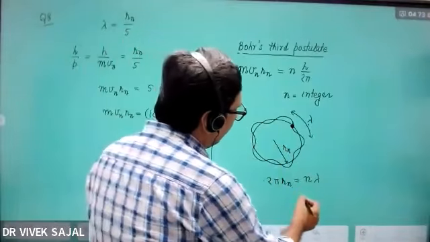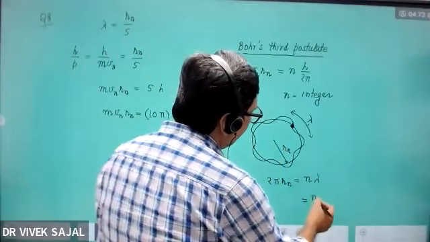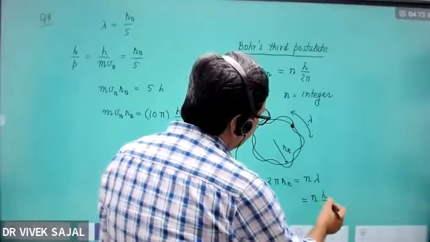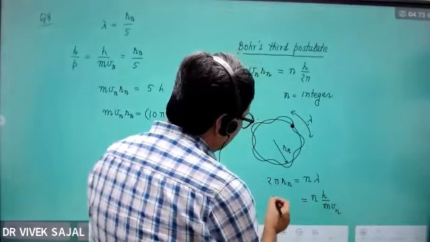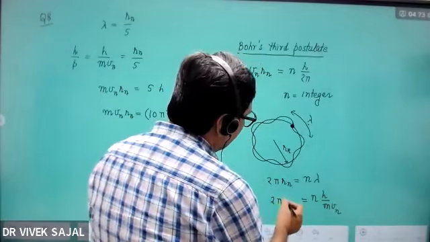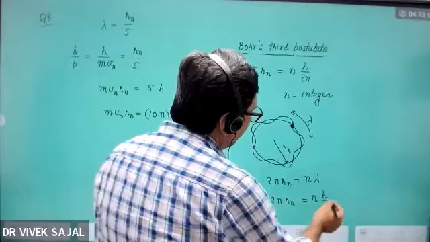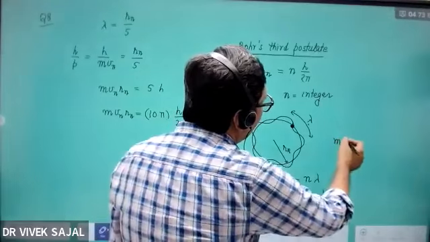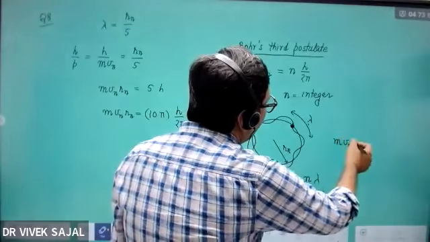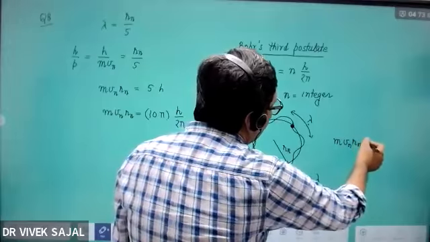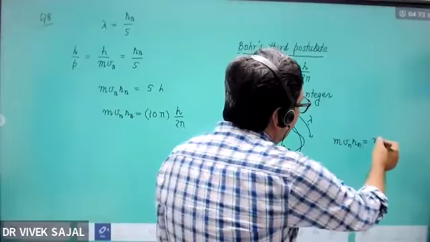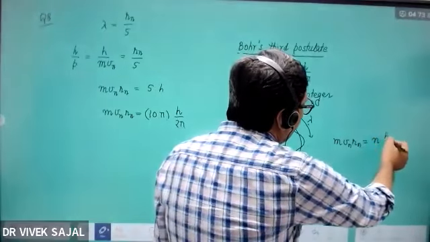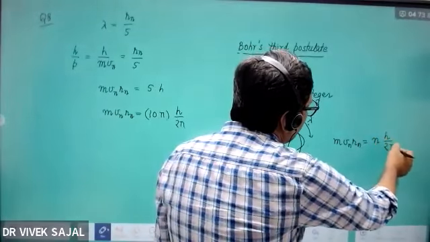So in place of lambda, if I write h upon mvn, you can say 2 pi Rn equals n h upon mvn. So this will be m v r equals n times h upon 2 pi.